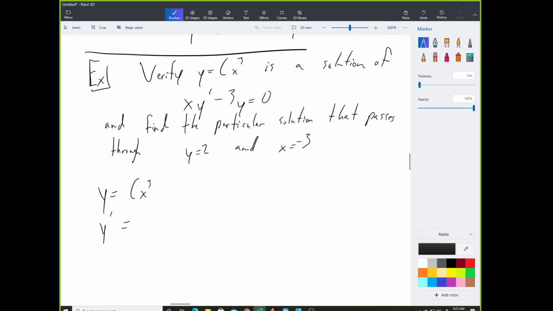Cormac, that's close. You gotta remember your C value there.